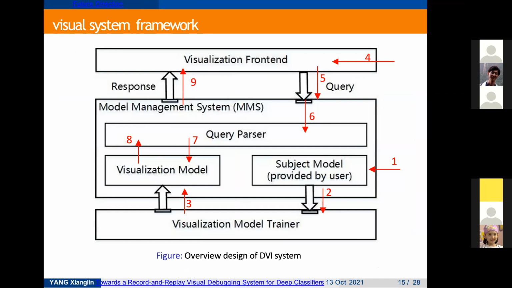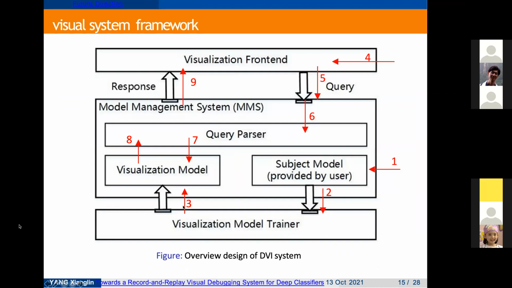And we also design a visual system framework to support this tool. First, the user should input some subject model, which is the snapshot of the model in the training process. And next, we would have a visualization model trainer to deal with the subject model.